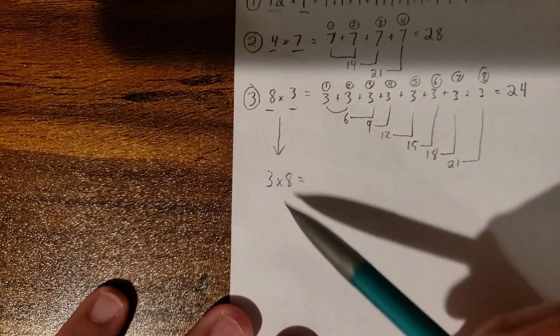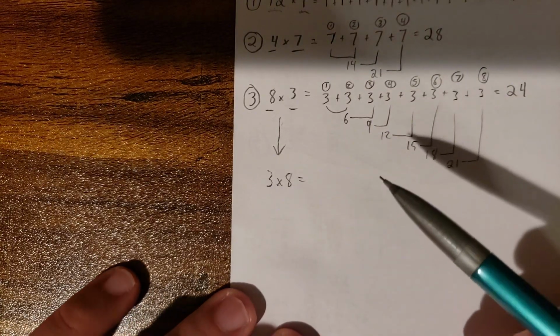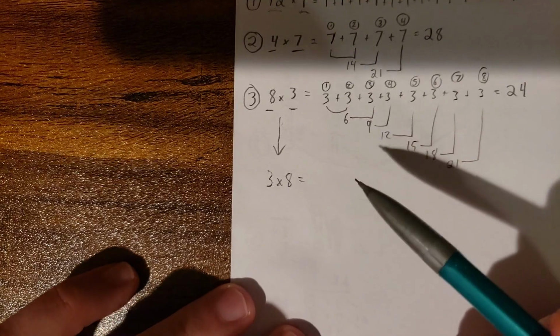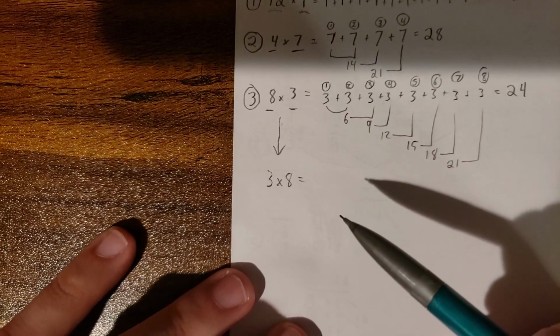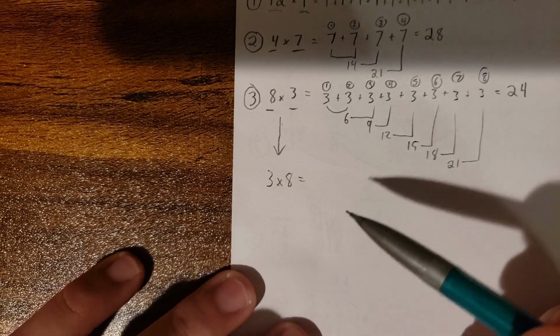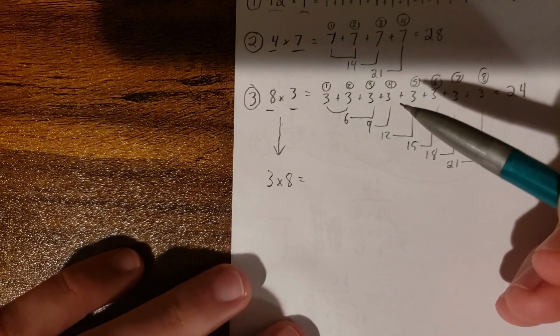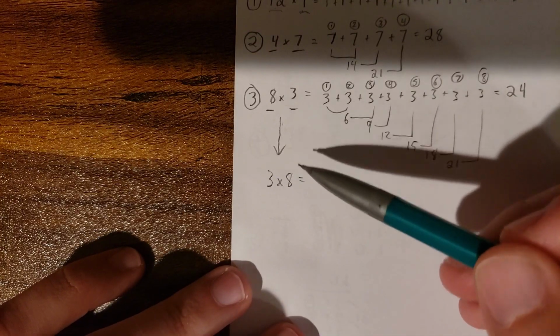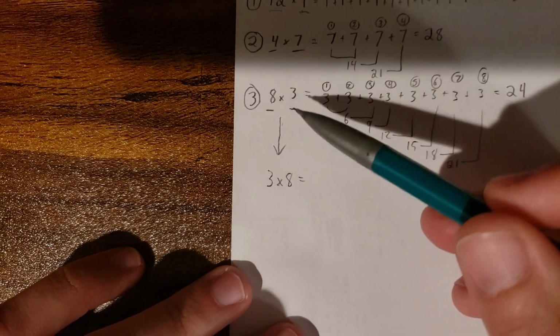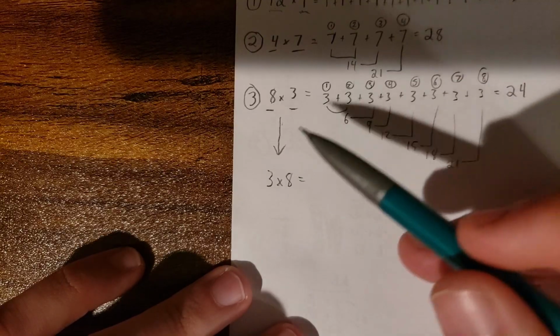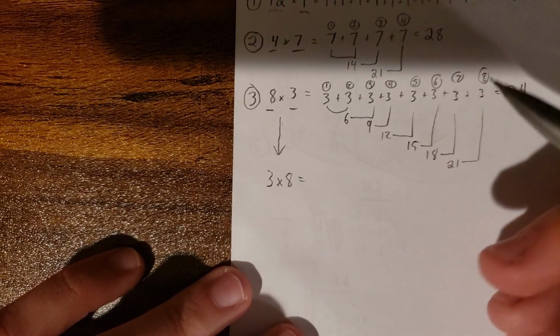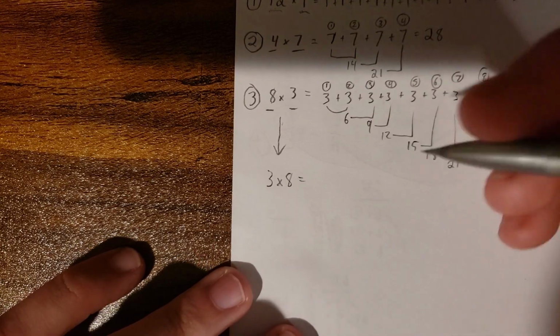You can switch these numbers around into whatever order suits you best, whichever way you think is going to be the easiest way to solve. And that is due to something called the commutative property. It simply means exactly that. You can switch the order of the numbers in multiplication, and you're going to get the same answer either way.